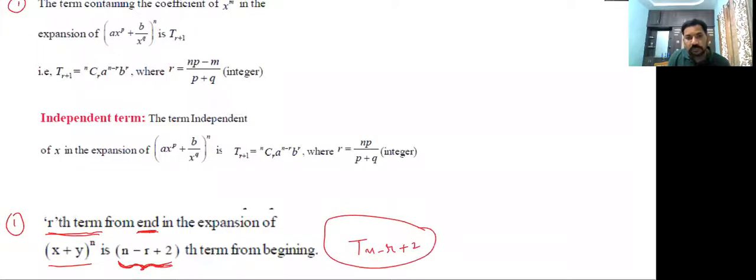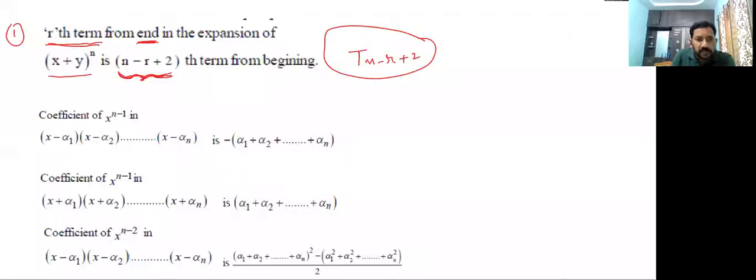Rth term, second term, third term, fourth term, this is from the beginning onwards. But here they are asking the rth term from the end, in reverse order. So the rth term from the end in the expansion of (x + y)^n is the (n − r + 2)th term from the beginning.